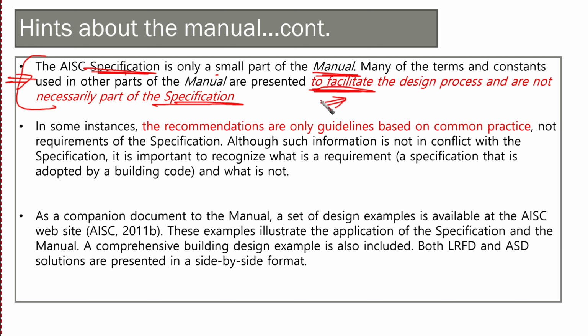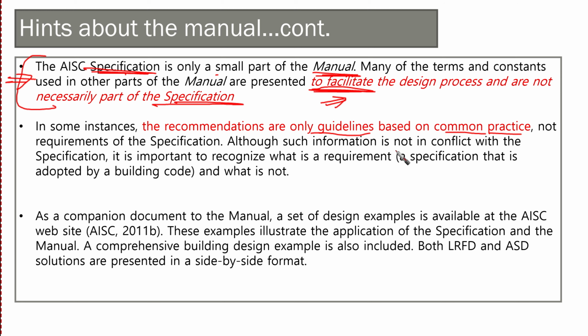Many of the terms and constants in the manual are presented to facilitate the design process and are not necessarily part of the specification. In some instances, the recommendations are only guidelines based on common practice, not requirements of the specification. That's very important.